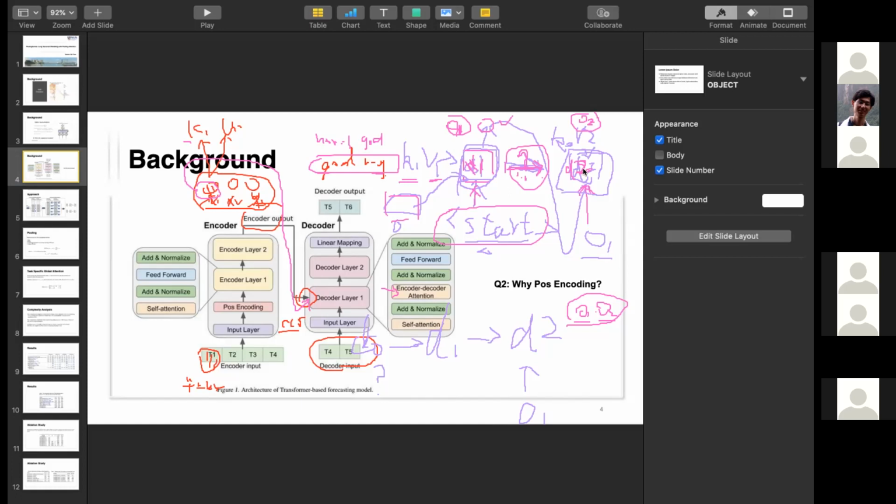For example, the probability of O1 is P(O1), and here this is P(O2 given O1). So we just need to multiply them. Okay, now that's very clear.